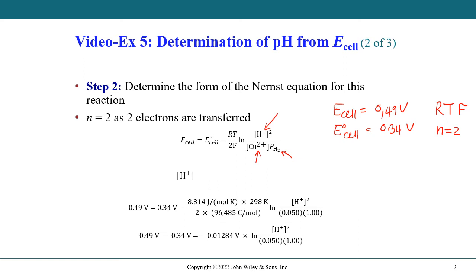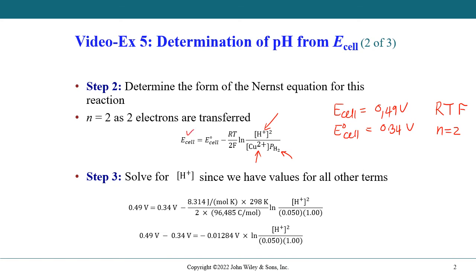Okay, so we plug everything in, and now we can solve for H plus, since we have the values, as I've said, for all the other terms. So we have this, we have this, we have for all of these, except for this one, which is the one we're trying to determine.